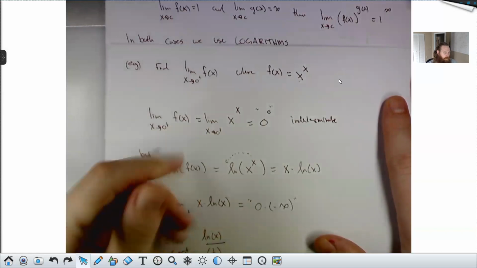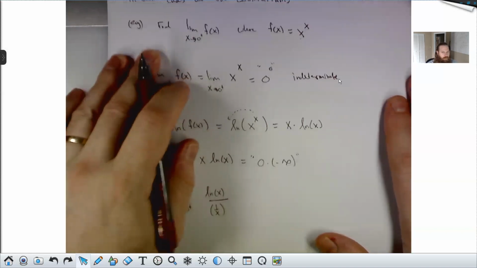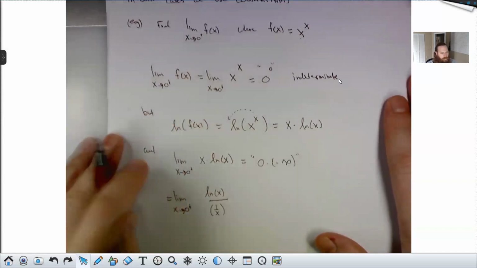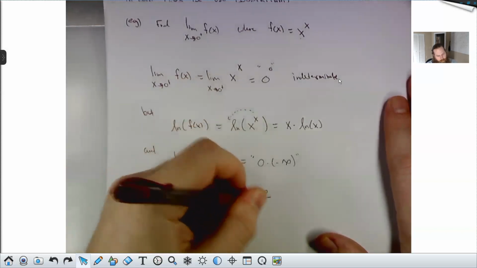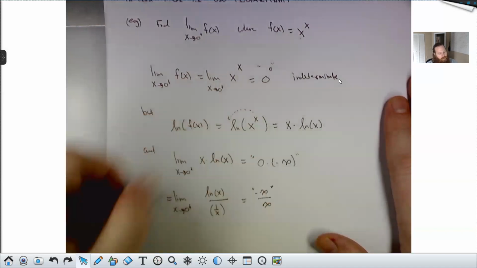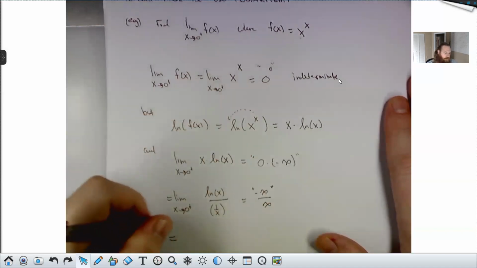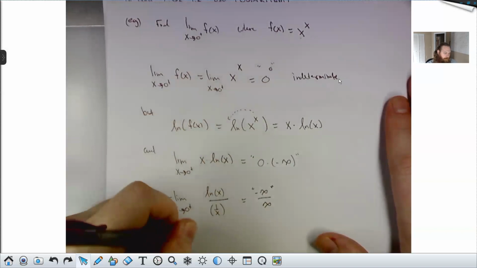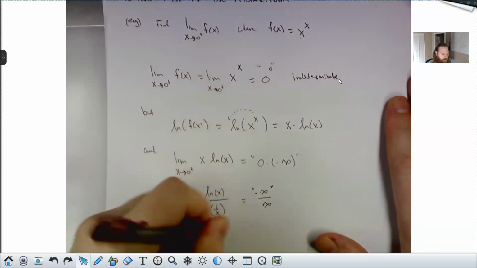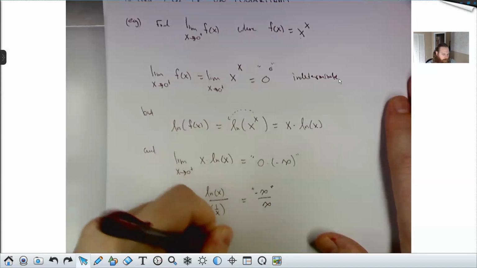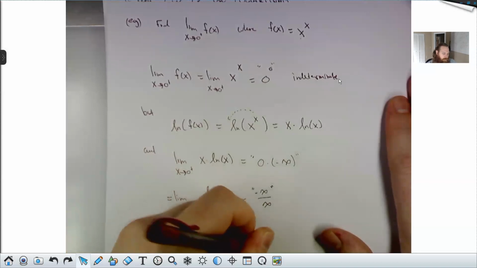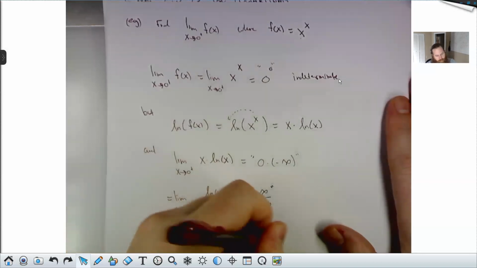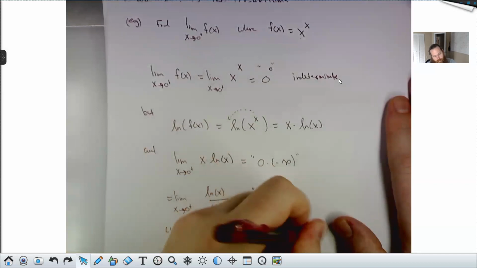But I could shove the ln x downstairs as 1 over ln x. That's also an option. Now when I plug in 0, I get negative infinity over positive infinity, which means I can use L'Hopital's rule. And I get lim x to 0 plus of 1 over x divided by negative 1 over x squared, which is lim x to 0 plus of negative x when you cancel, which is 0.